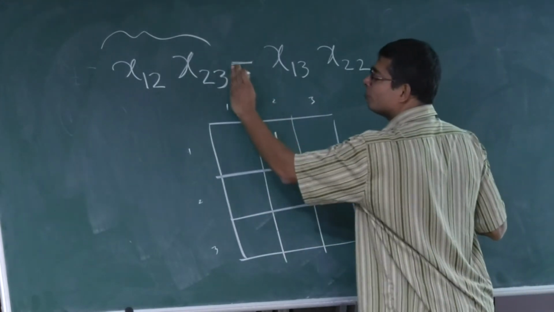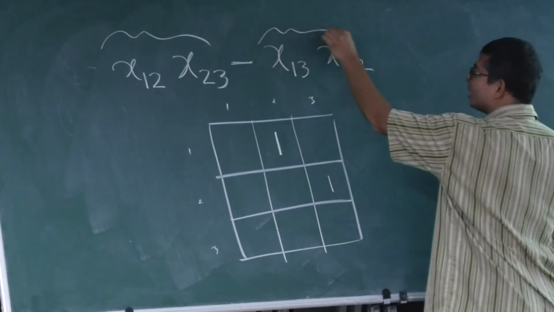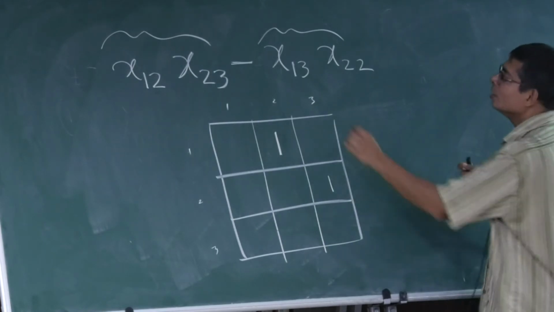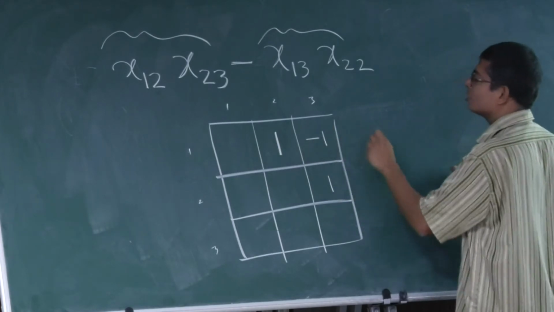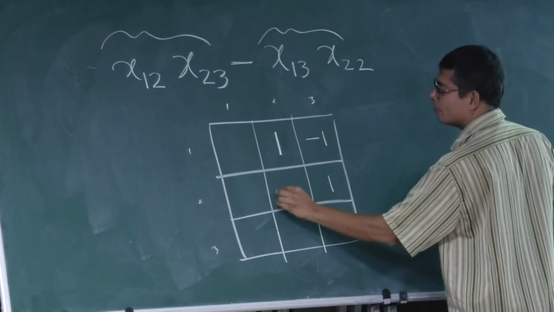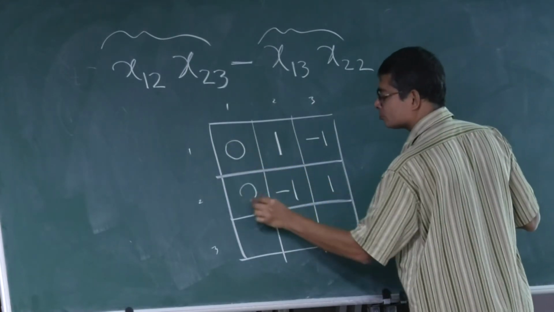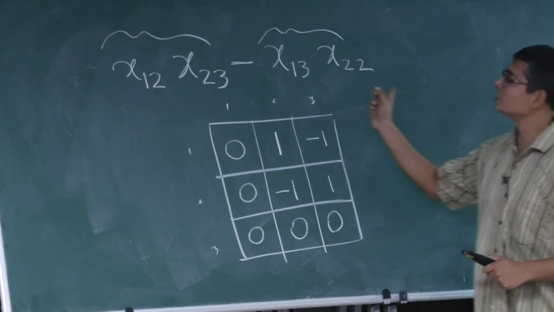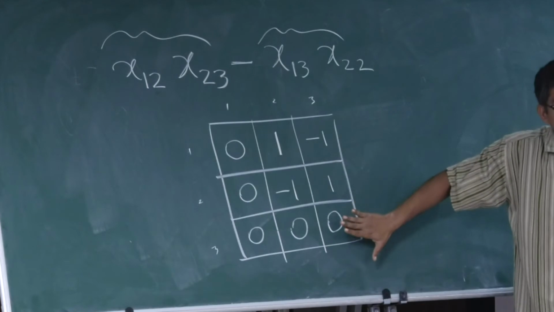So everything before the minus will get plus 1s. Everything after the minus will give minus 1. So that is the prescription. x13, minus 1. x22, minus 1. And fill the remaining entries with 0. So this polynomial gets translated into this table.